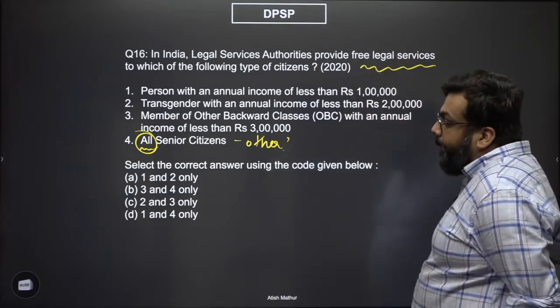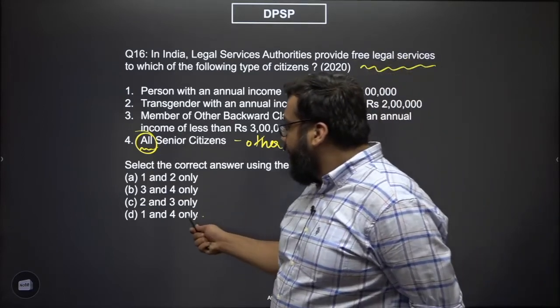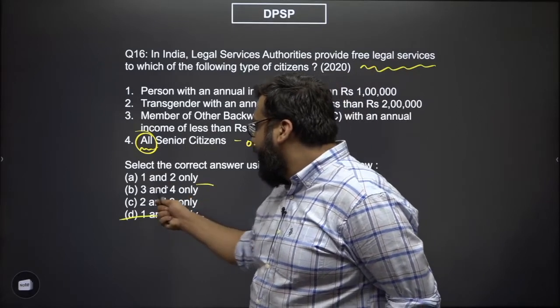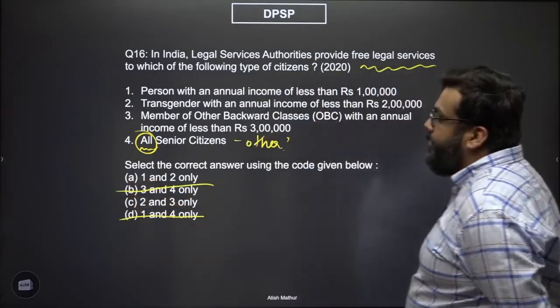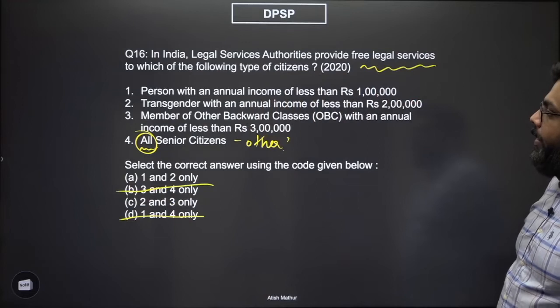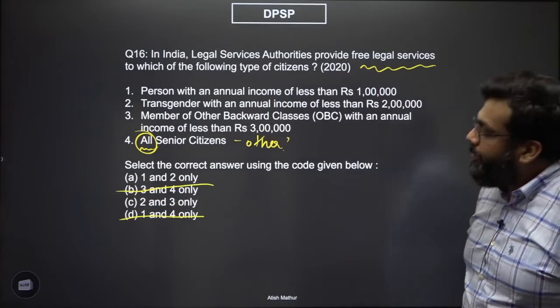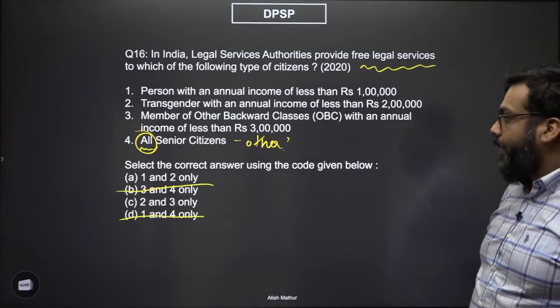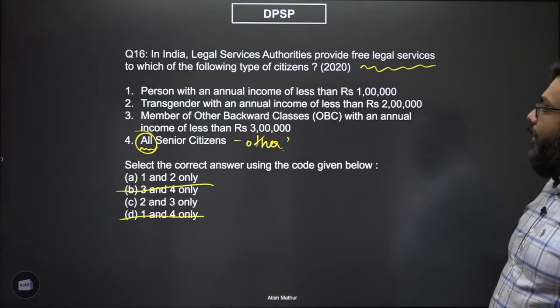So any option which has 4 in it seems to get eliminated, right? It seems to get eliminated. Now we have 1, 2 and 3 left. Okay, think about it.